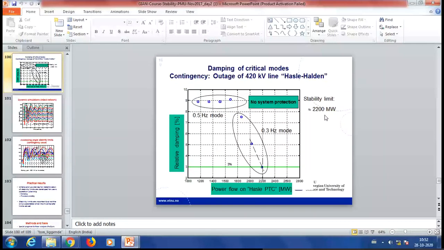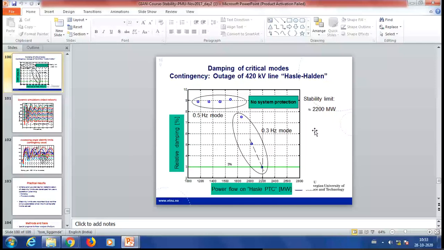We can do that because that is the stability limit. So it all depends upon the system parameters and how effective your controller design is. If you have a very effective controller design, then you can have the power flow which corresponds to the stability limit, that is 2200 megawatt.